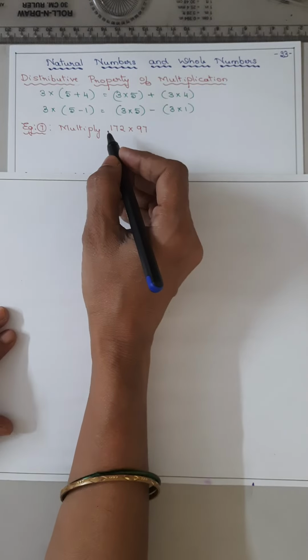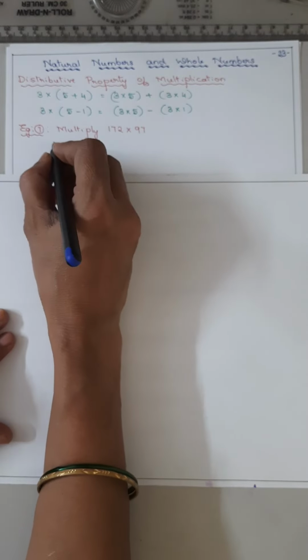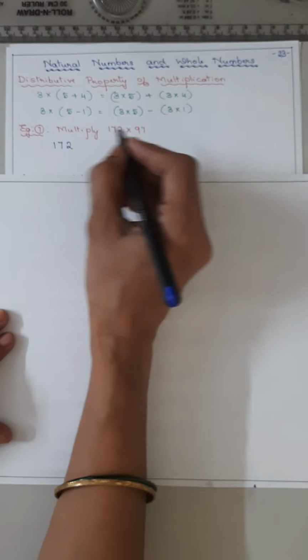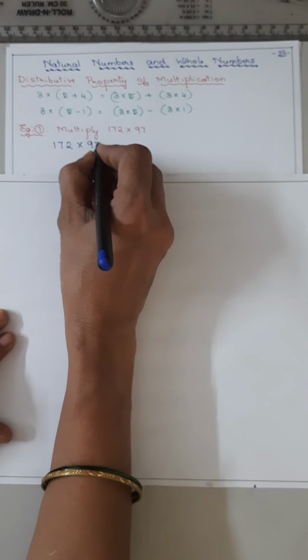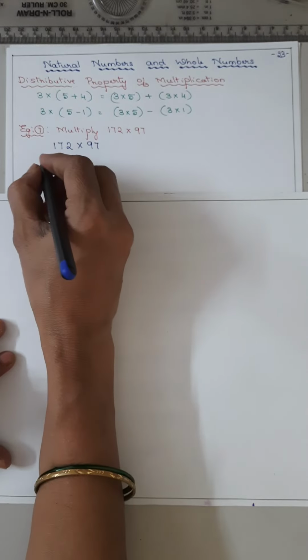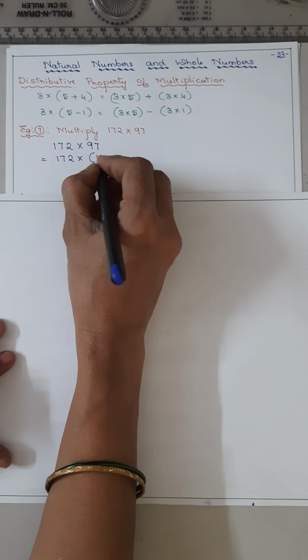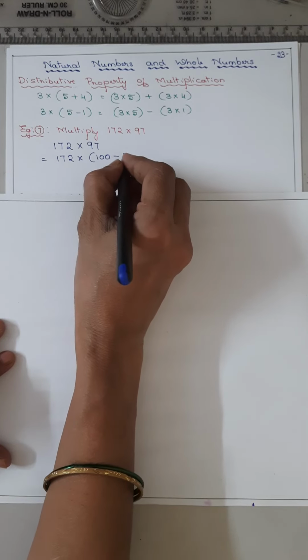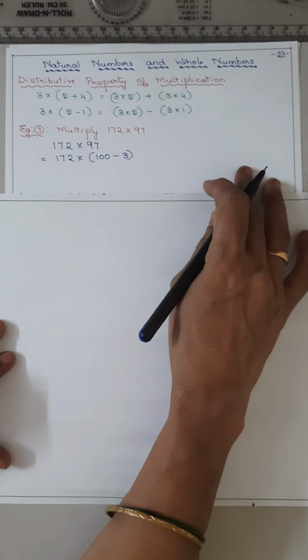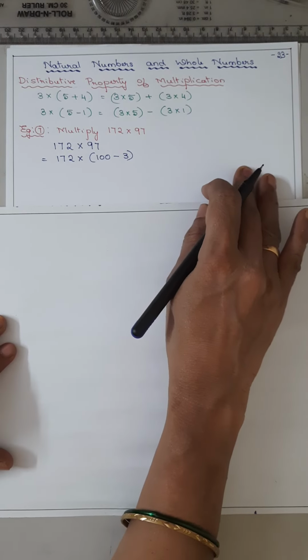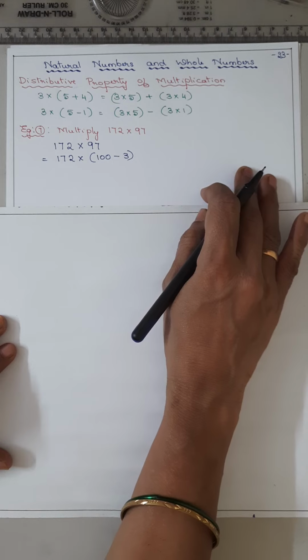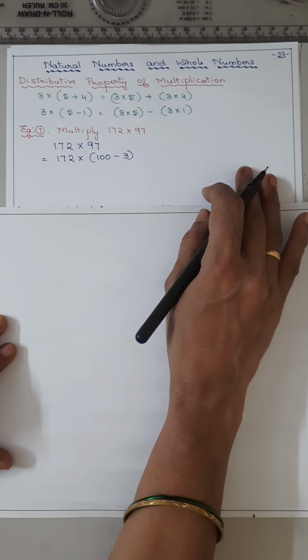So 172 into 97 can be written as 172 into (100 minus 3). Yes or no? 97 को हम 100 minus 3 लिख सकते हैं, है ना?